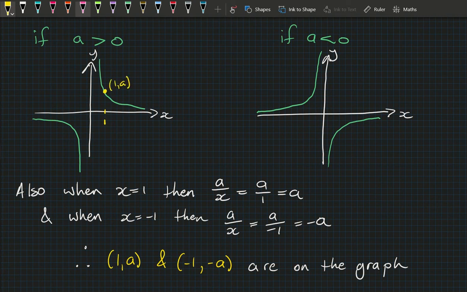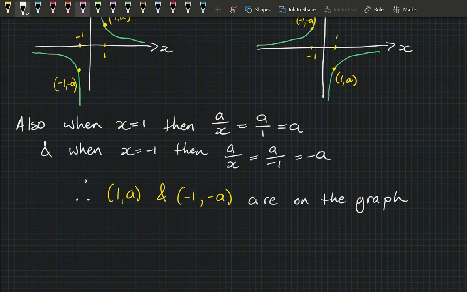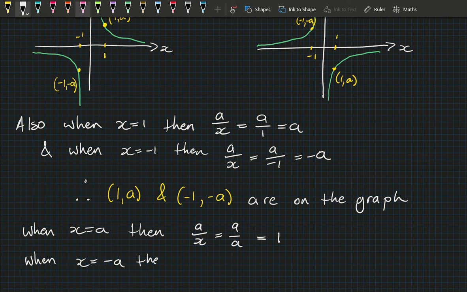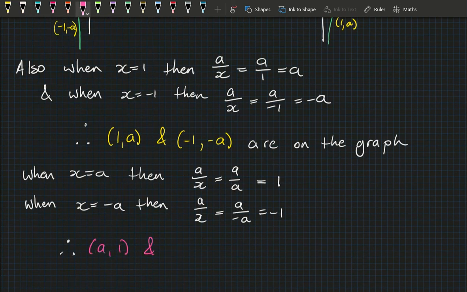So let me mark in (1, a) on both of these graphs and (minus 1, minus a). On top of that, when x is equal to a, then a divided by x equals a divided by a, which is 1. And when x is equal to minus a, then a divided by x is a divided by minus a, which is minus 1. So that means that (a, 1) is also on the graph, and so is (minus a, minus 1).